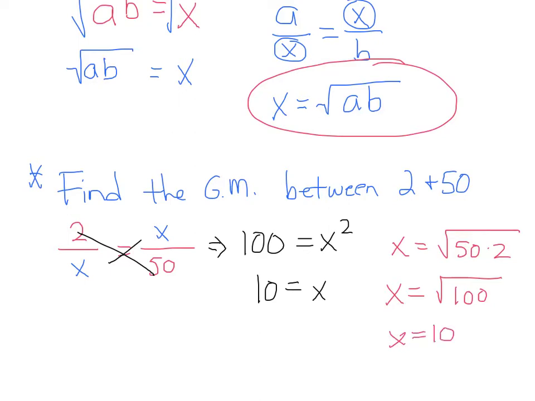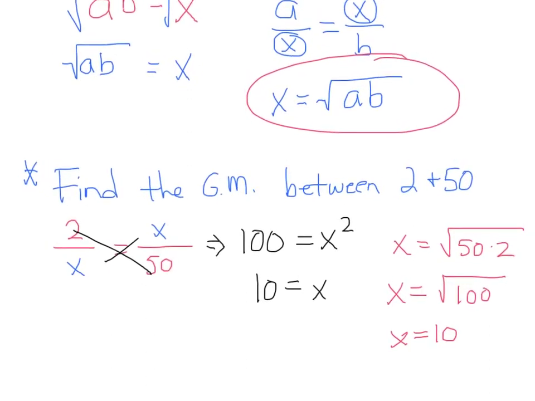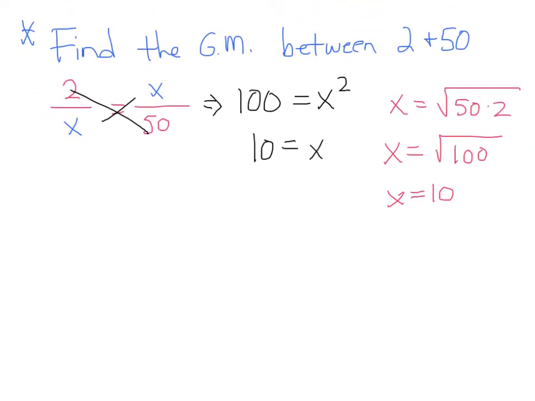So what does that really mean? Another use of the word mean there. Well, the original problem said find the geometric mean between these two numbers, 2 and 50. So that means the number 10 makes this proportion true: 2 over the geometric mean, which we found, 10, is equal to 10, again, over 50.